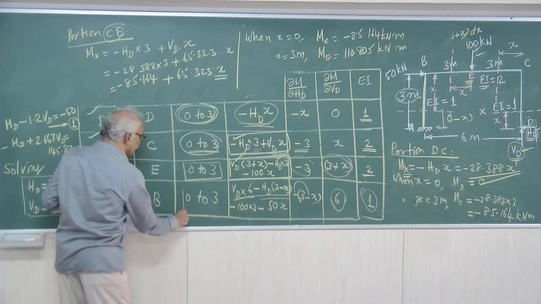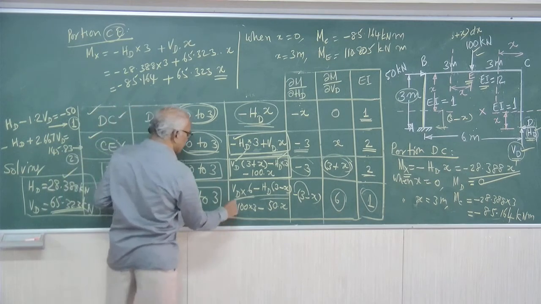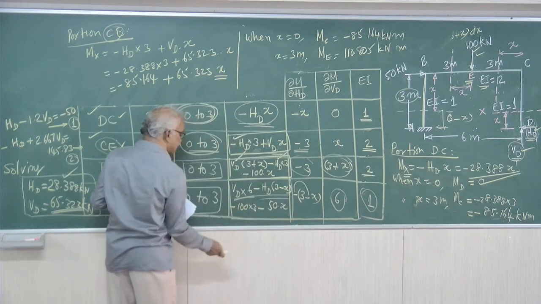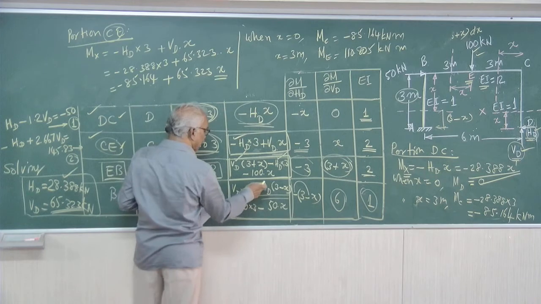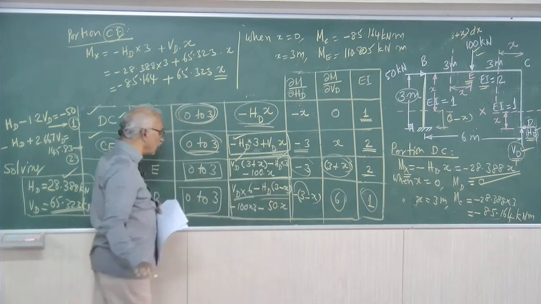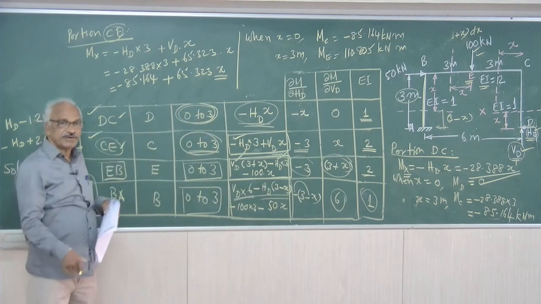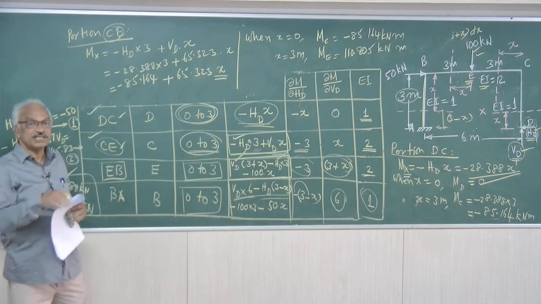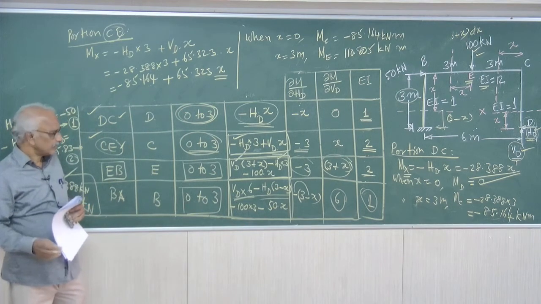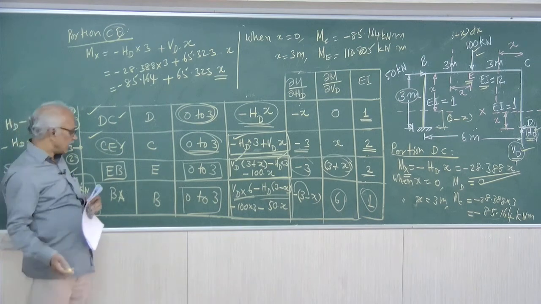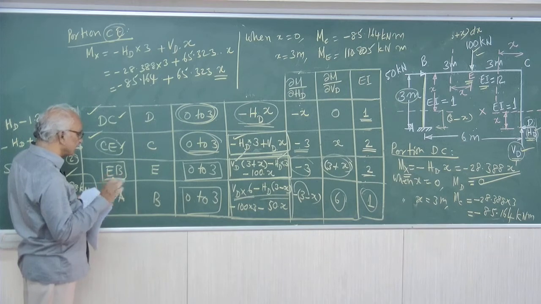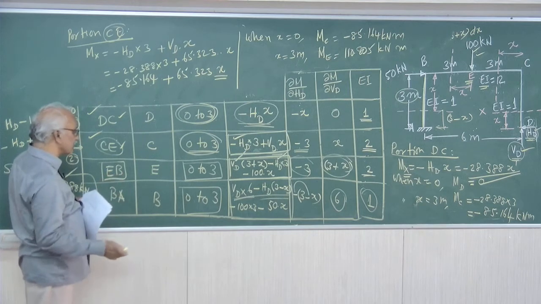Similarly, you take the next equation. In this equation, substitute for Vd, substitute for Hd, then x will be the only unknown. You can simplify. See the power of x to study the variation of the bending moment diagram. Whether it is linear or not is only to get the shape of the bending moment diagram.